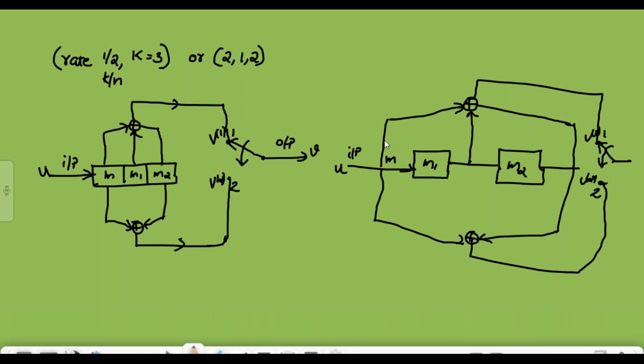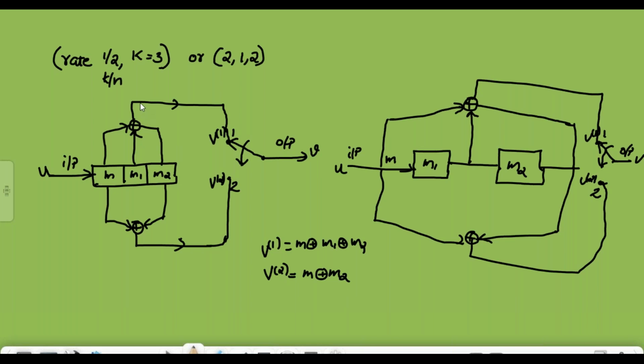Therefore corresponding to each input message M, it generates the output. Here the output V. Okay, here V1 equals M XOR M1 XOR M2, and V2 equals M XOR M2. That is the two representations here.